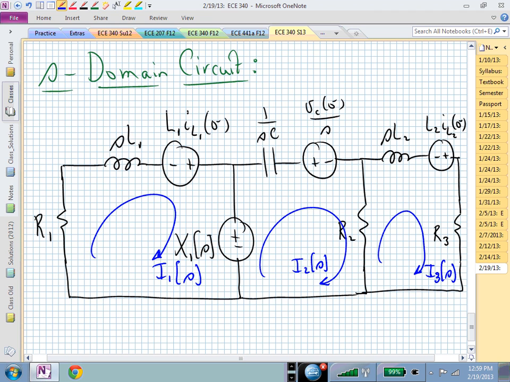Now I'm going to write the matrix relationships. I'm going to be expecting 3 equations, aren't I? I have 3 meshes, an I1, I2, and I3. I need to find an equation for each of those currents.